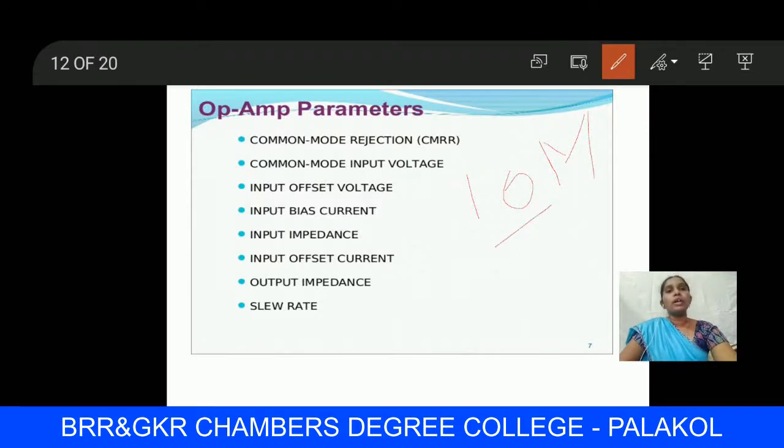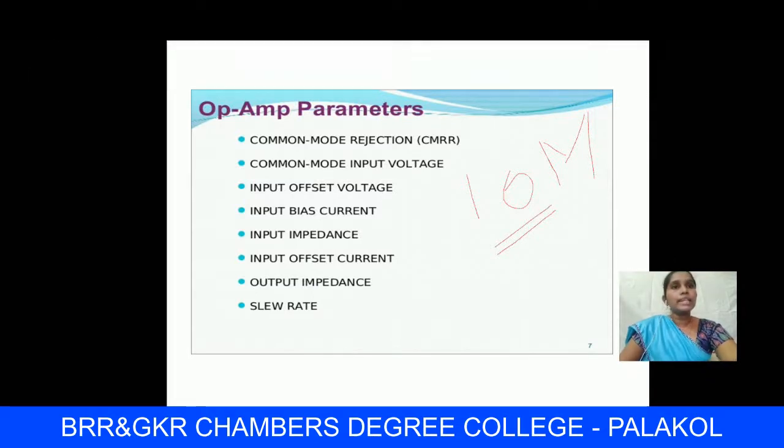Some of the important characteristics are CMRR, common mode rejection ratio, common mode input voltage, input offset voltage, input bias current, input impedance, input offset current, output impedance, and slew rate. Okay, so these are the important parameters. Now we will see them step by step.